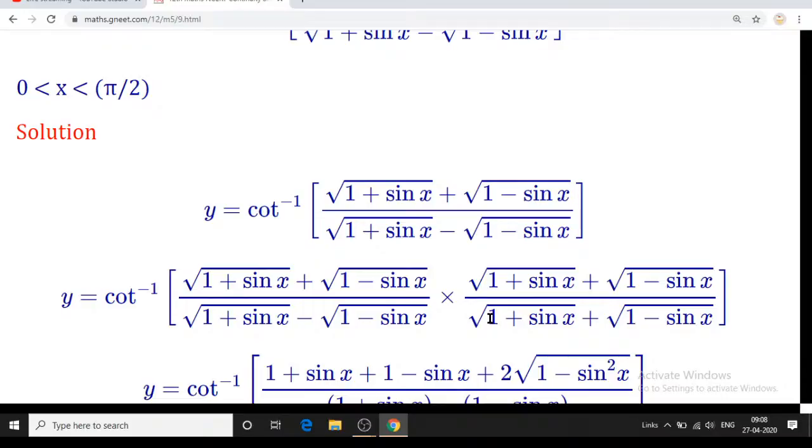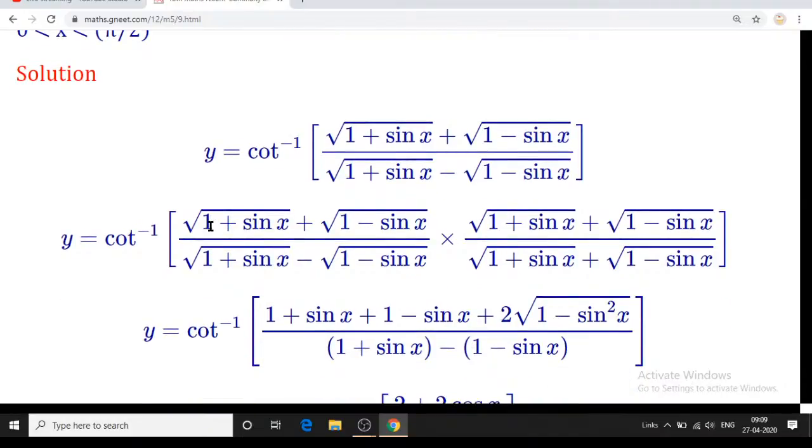So y is equal to cot inverse of, when we rationalize, what does rationalization mean? Here is a minus sign, we will multiply the plus sign to numerator and denominator. Now the numerator bracket and this bracket are the same, so it is a plus b into a plus b, so we can write it as a plus b the whole square, which is a square plus 2ab plus b square.